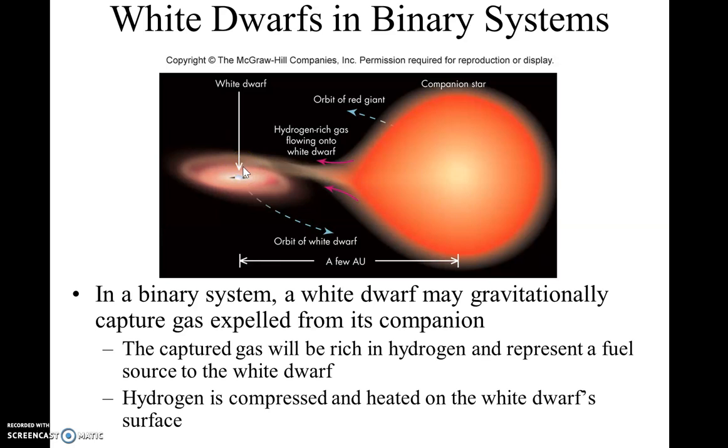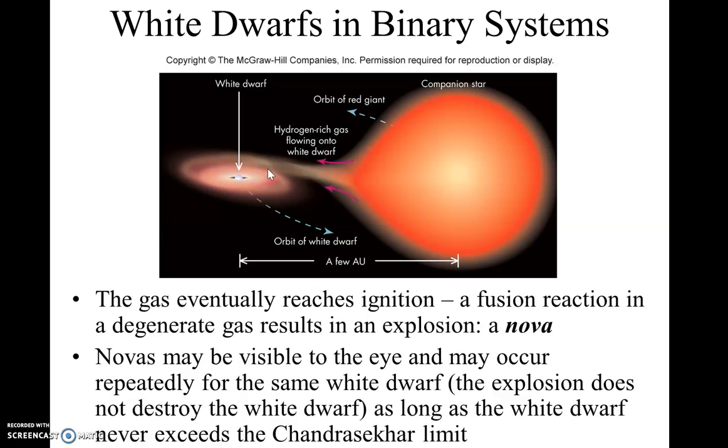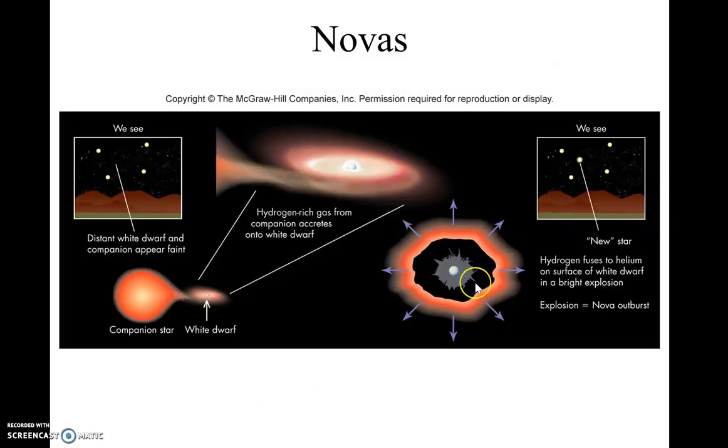Or back in the old days, people used to call this a nova. It actually has a more technical name now, but that's what people used to call it. The word nova just means new star. That's all it is. This is because all of a sudden one of these binary systems will ignite, and it's not nearly as bright as a supernova, for example.